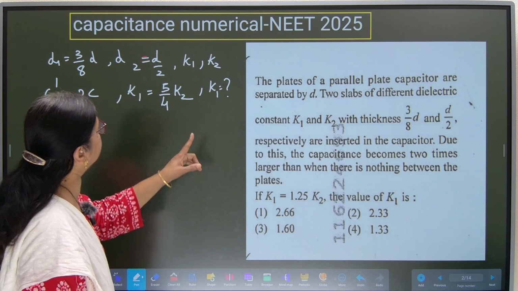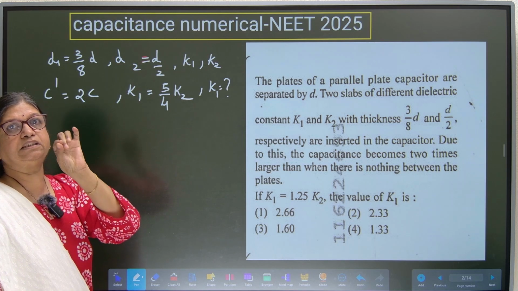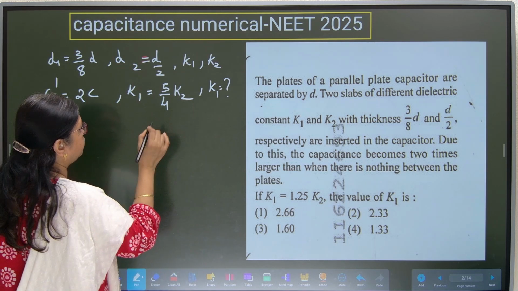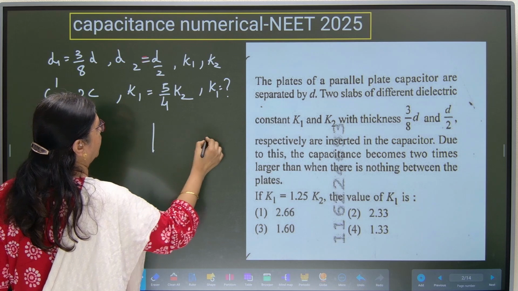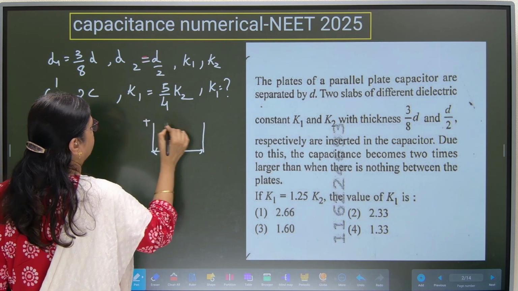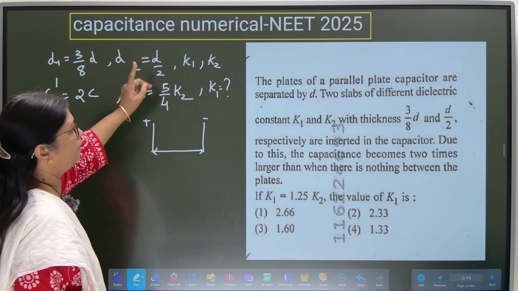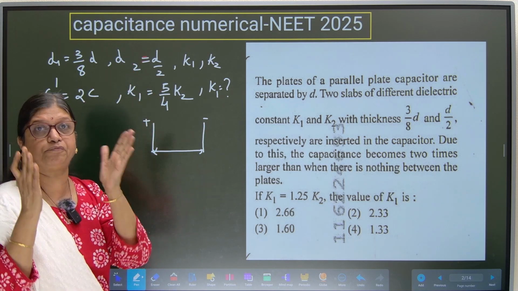Now using this data given to us, let us roughly draw and find out: is the space between the plates completely filled with these two, d1 and d2, or is there any space left?